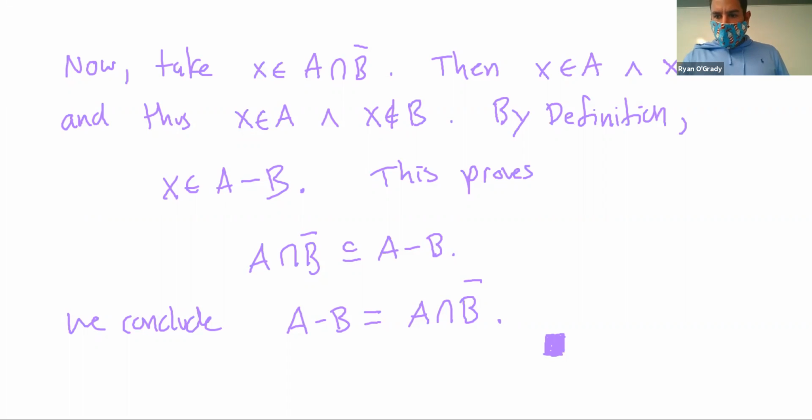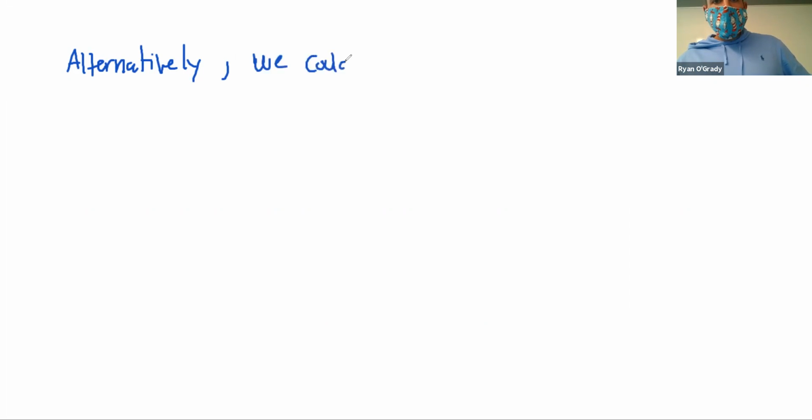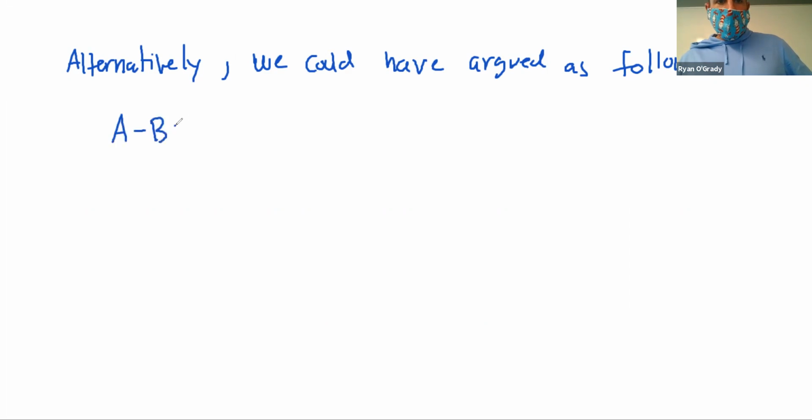Okay, let's look at an alternate proof. It's nice to see that there's more than one way of doing it. So alternatively, we could have argued as follows. We might have said, okay, A minus B, what is this?